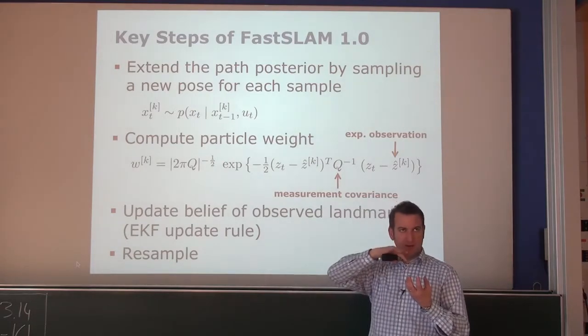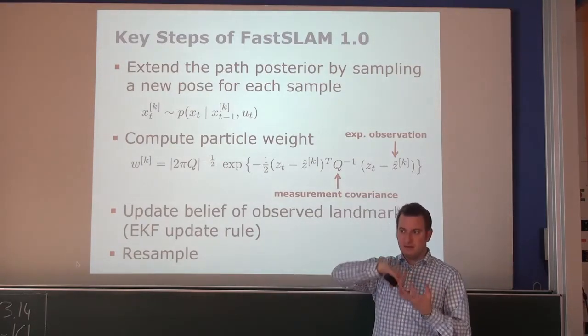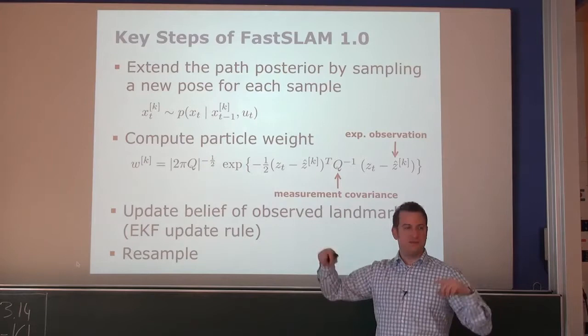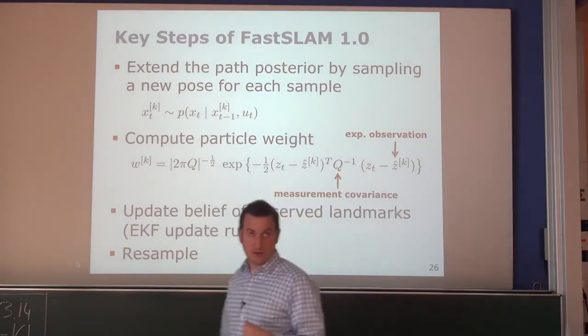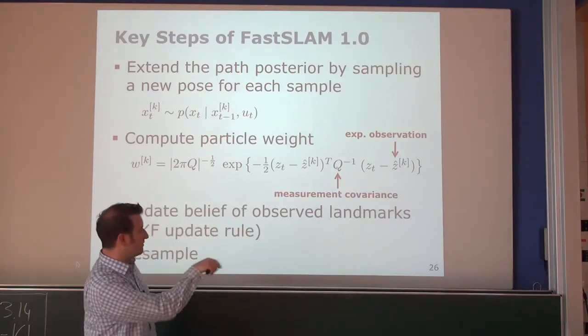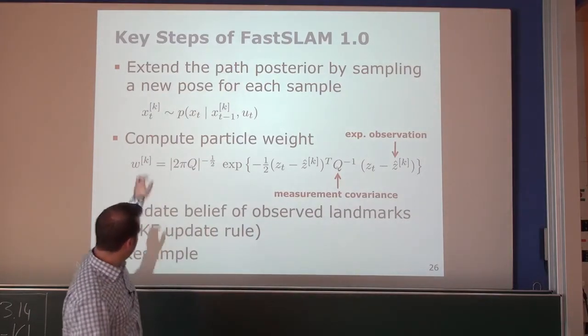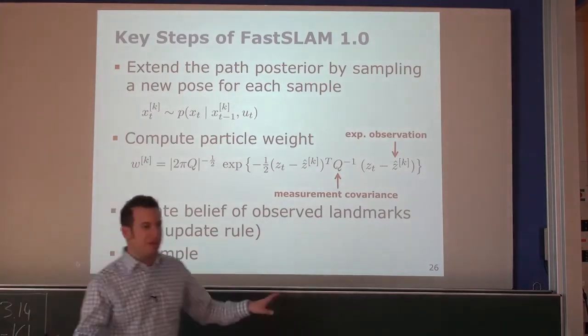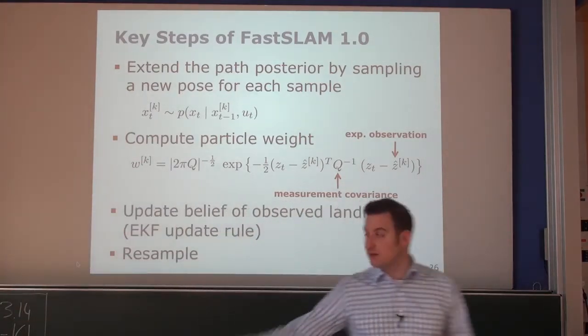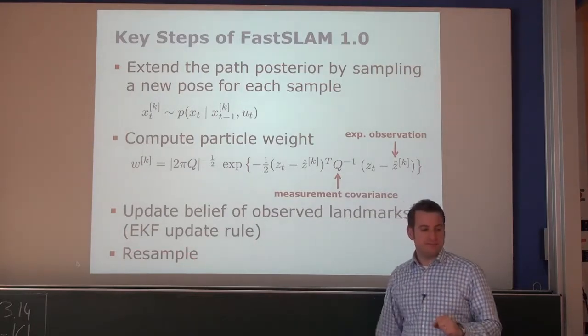It's the part in the EKF which gets inverted in the correction step. That's exactly what's called the measurement covariance. Then the third step is just a belief update using the EKF update rule. No black magic in here, and the standard resampling operation.